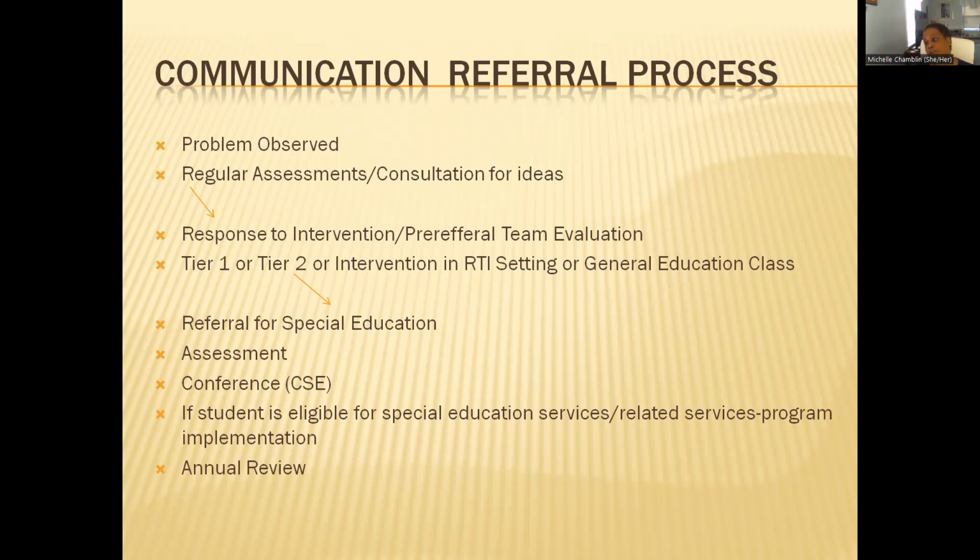So if I'm a 4th grade teacher and I see that Maggie is struggling with vocabulary to the point that it's impacting her reading, I might go to the teacher in the classroom next door and say, hey, Ellen, Maggie's having a real problem. We're going through Unit 5 and she's not getting it.